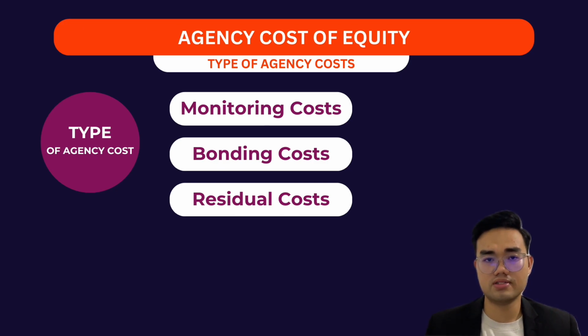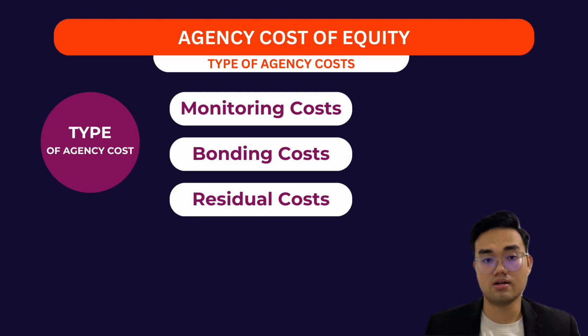The first one is monitoring cost, which is expenses related to overseeing and controlling managerial actions, such as costs incurred by the board of directors, audits, and implementing internal controls.